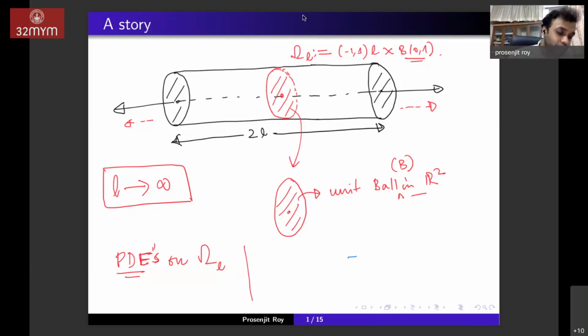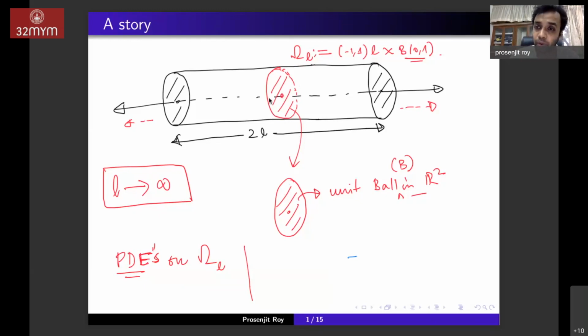So what they generally do in many cases, if a certain differential equation is given to them on a cylindrical domain which looks like this, is that instead of solving on this 3-dimensional cylinder, they will solve it on the 2-dimensional ball.